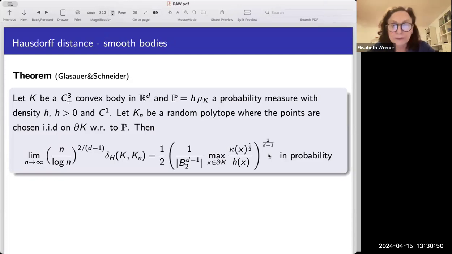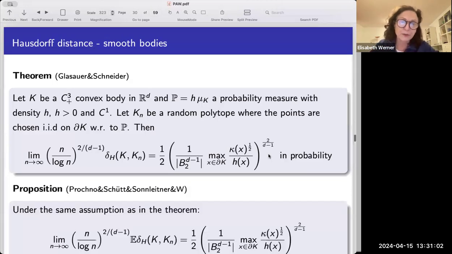But this is not exactly what we wanted, because we have here a convergence in probability, and we wanted convergence in expectation. But then it turned out, dealing with the proof of the result that I'm going to mention in a moment, we saw that our result also first had some convergence in probability, and with a good tail estimate and some other ingredients, we could actually pass from convergence in probability to convergence in mean.